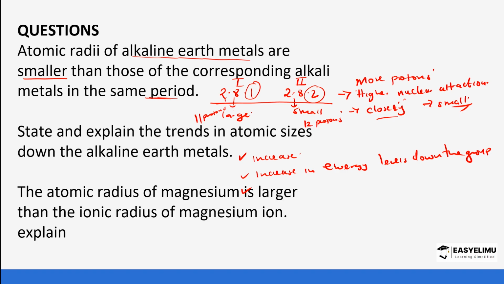The atomic radius of magnesium is larger than the ionic radius of the magnesium ion. Explain. So this is where the explanation comes in.